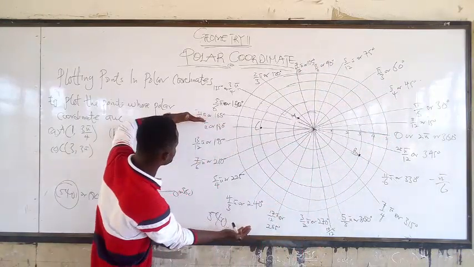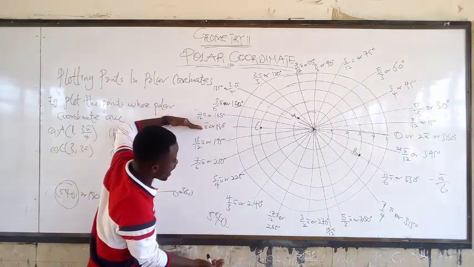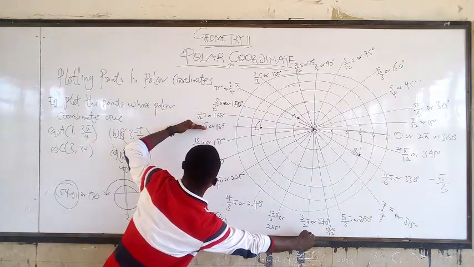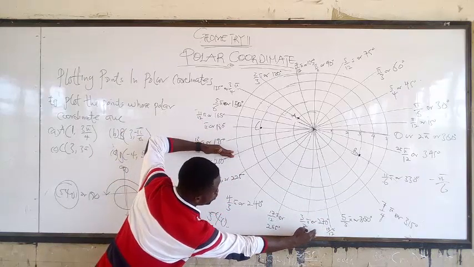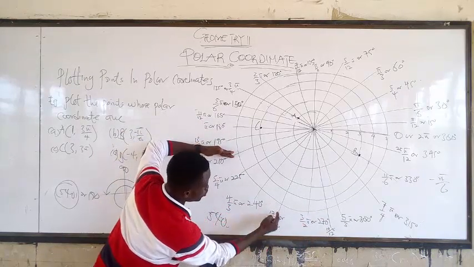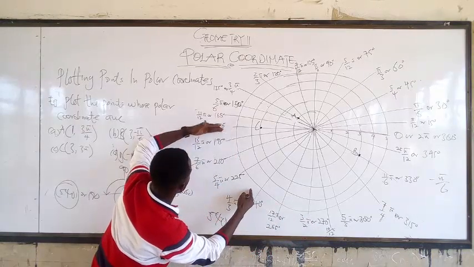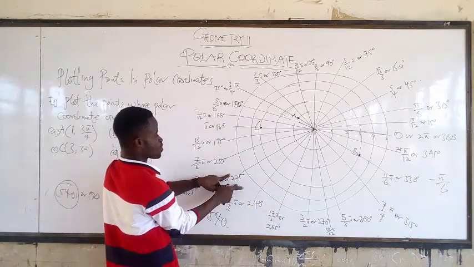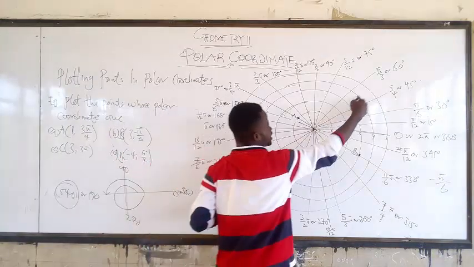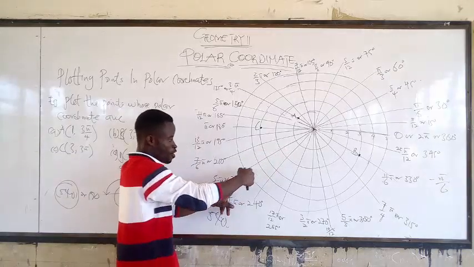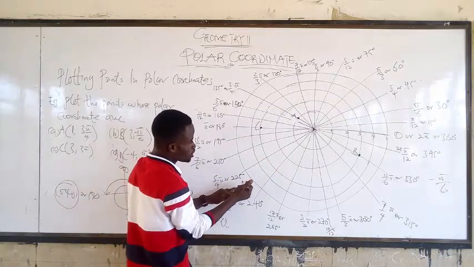So I'll just count the pi and the 270 here. So after counting 1, 2, 1, 2, oh, so then the pi is here. So the reflection of the pi on 4 is this. You see the reflection? So this is where you are going to check.